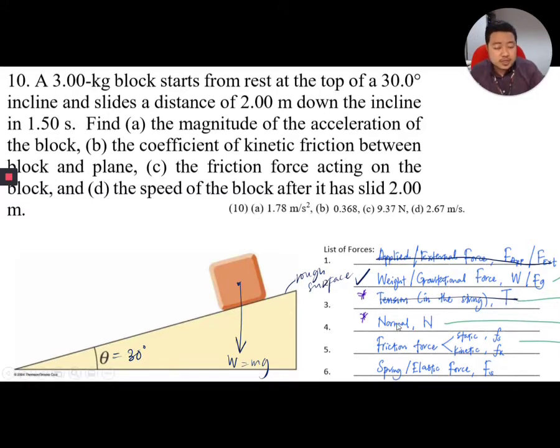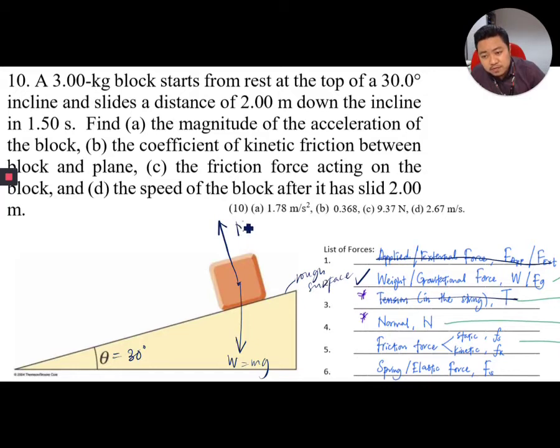Moving on to the fourth force here, it is going to be normal. Definitely we're going to have normal because the 3 kilogram block is resting on this inclined plane. Because it is on a plane or on a surface, it will also experience this force, which is the normal force.